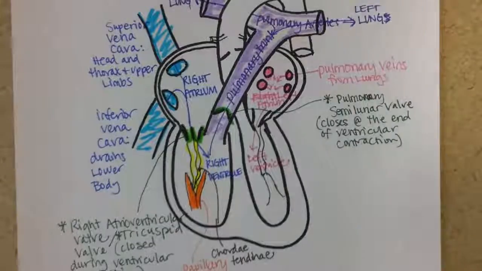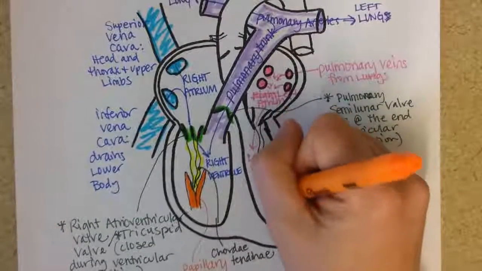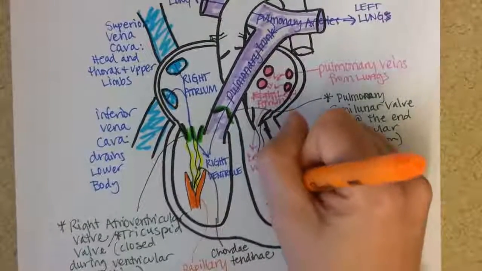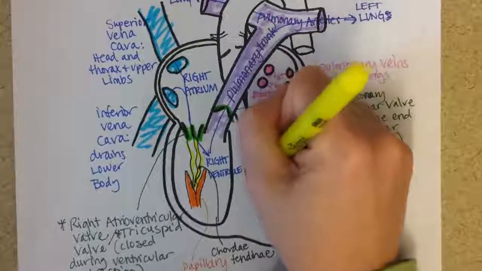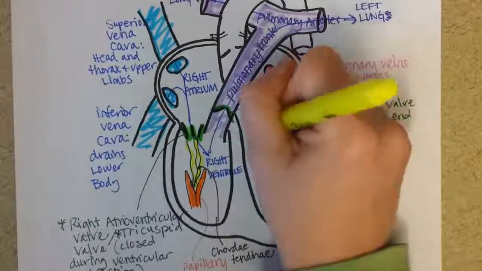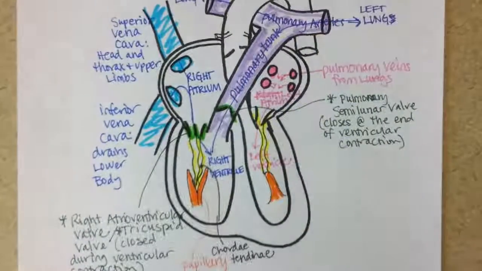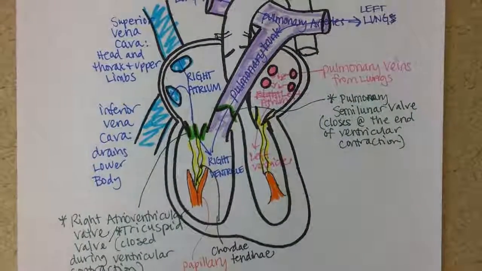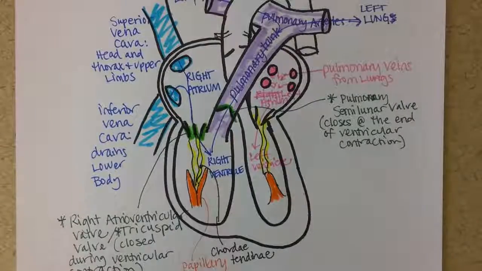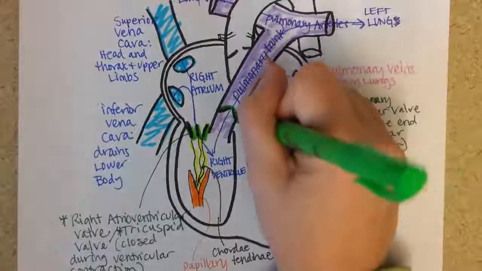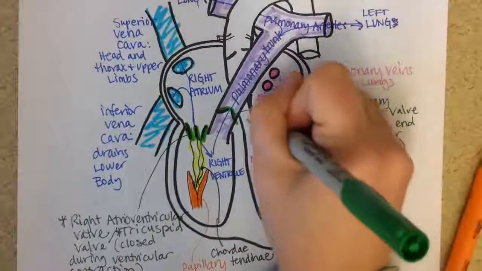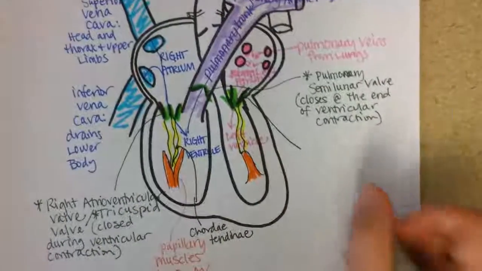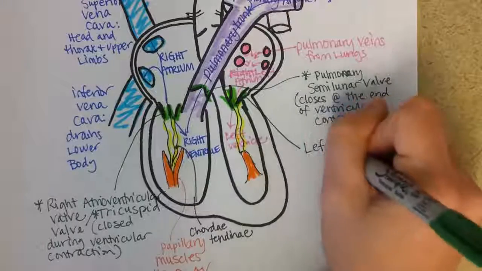And then those papillary muscles are also found in the bottom of the left ventricle. And they're also meant to hold shut an AV valve. And so we'll use green again for the valve. So this is the left AV valve.